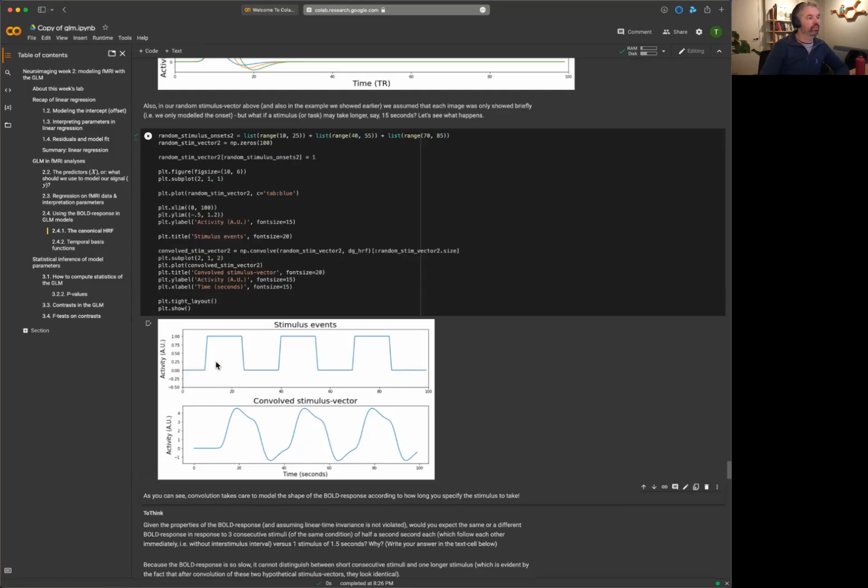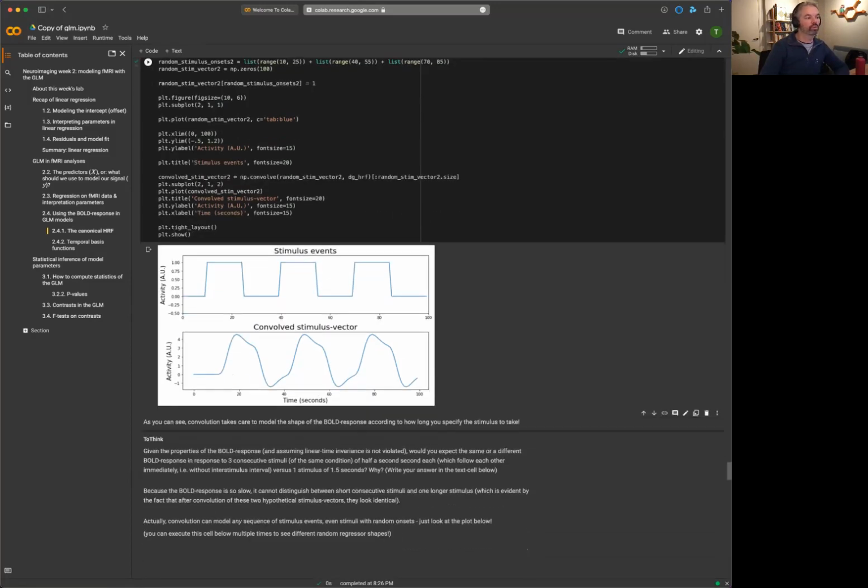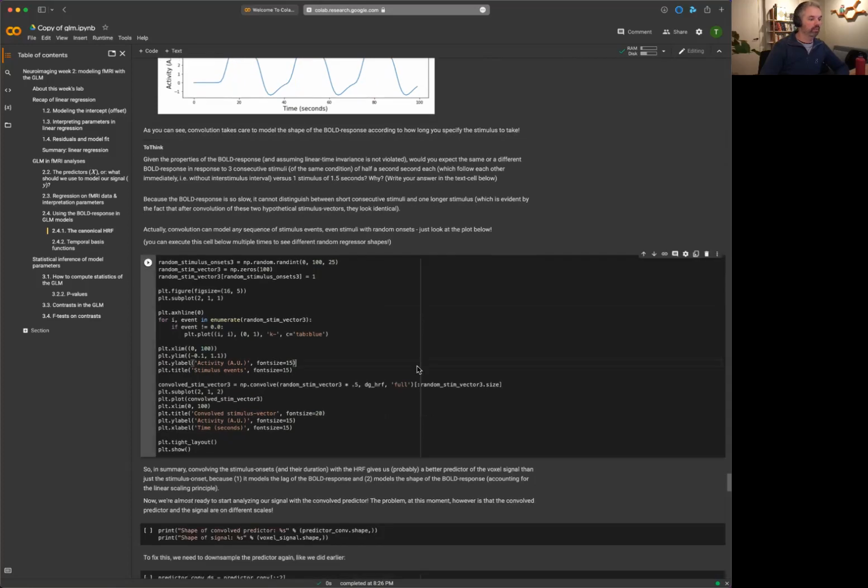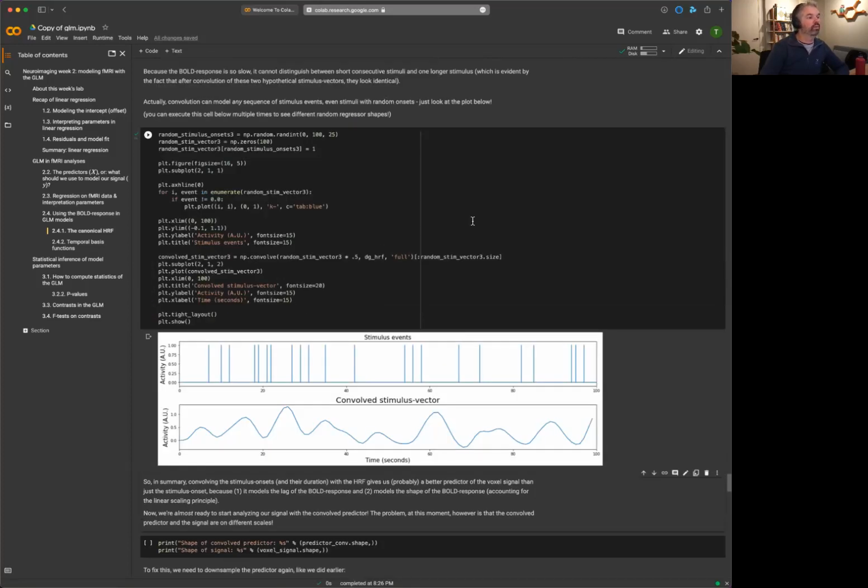You see that if you have a block design type experiment, what you end up with is also a very blocky time course in your predicted data, right? So this is, again, a predictor. In many experiments, you have events happening at random time points during the experiment. There are reasons why you would want random time points, not just because subjects would not be able to expect the onset of a stimulus.